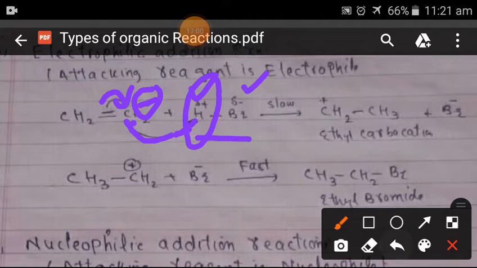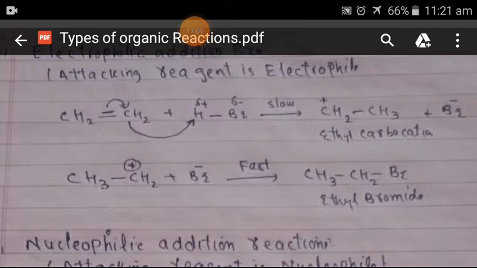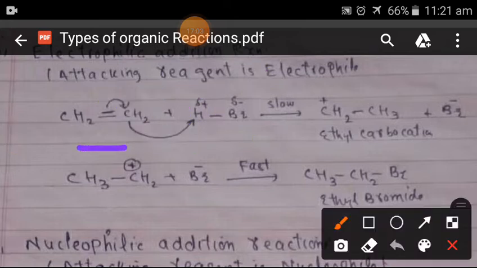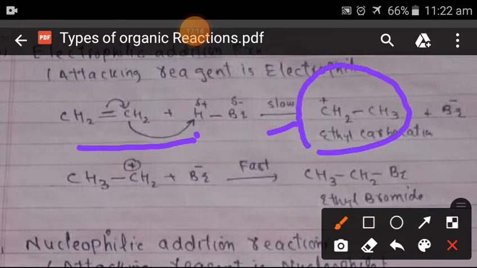So actually what happens here, due to the attack of the electrophile, this step is very slow and results in the formation of a carbocation. When you see the mechanism of a reaction, you always see the formation of reactive intermediates.